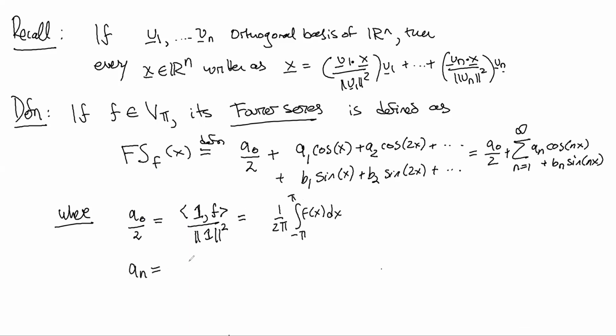An is defined to be the normalized inner product with the cosine function, so let's put the norm squared. And we calculated that, right? What's the norm squared of the cosine function?